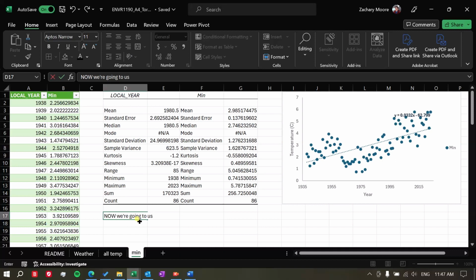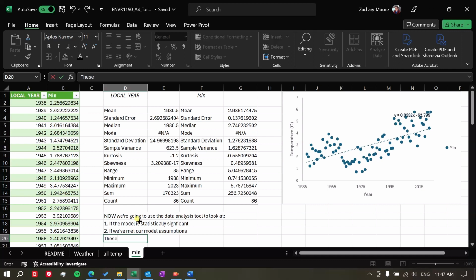So now we're going to use the data analysis tool to look at 1, if the model is statistically significant, and 2 if we've met our model assumptions.